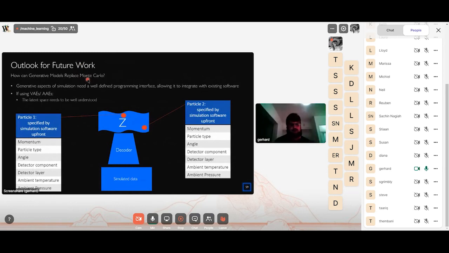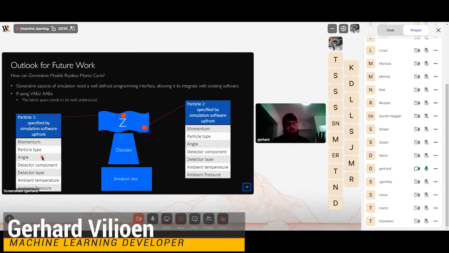Just an outlook for future work. Like I mentioned, in order for these generative models to actually fit within the existing simulation architecture, you need a well-defined API to specify what you want to simulate.